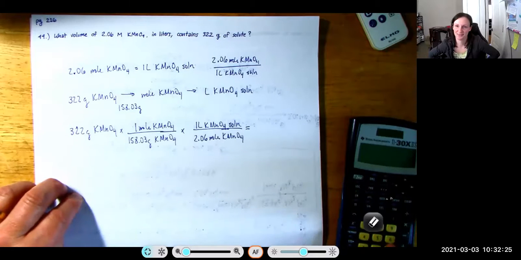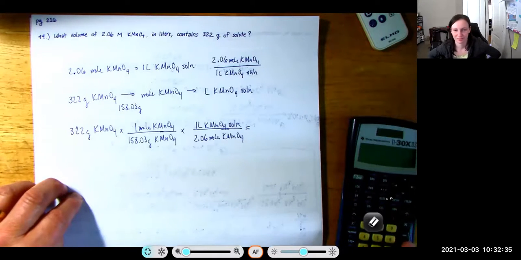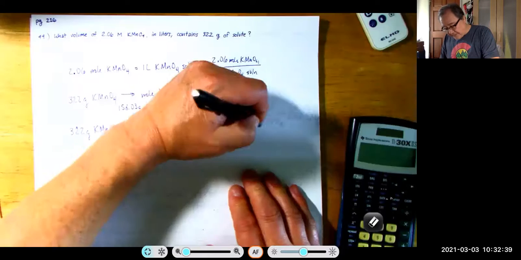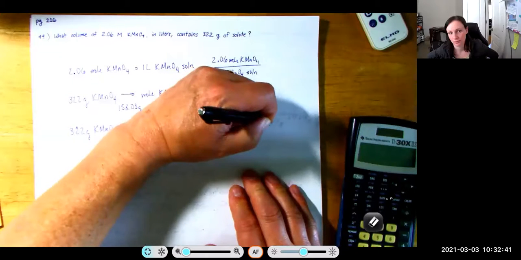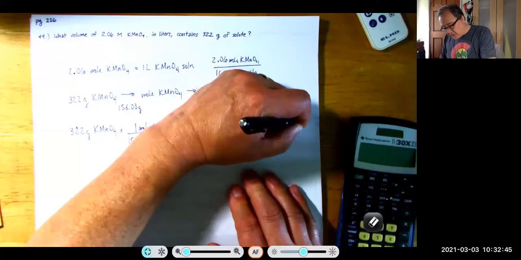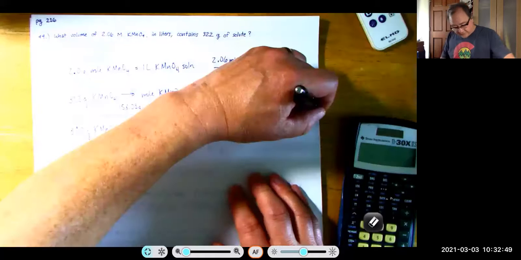No, my estimate's pretty darn good. And 0.989 is what I get. Me too. And that's liters of KMnO4 solution. So this is the kind of work I would expect to see for something like that.